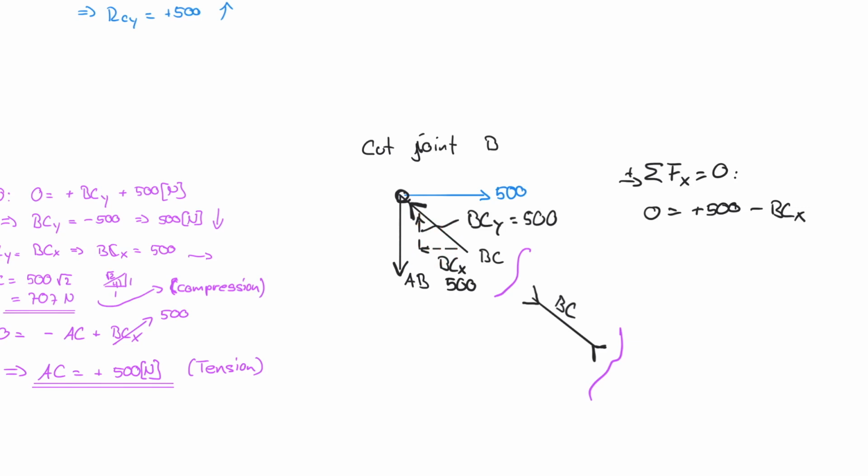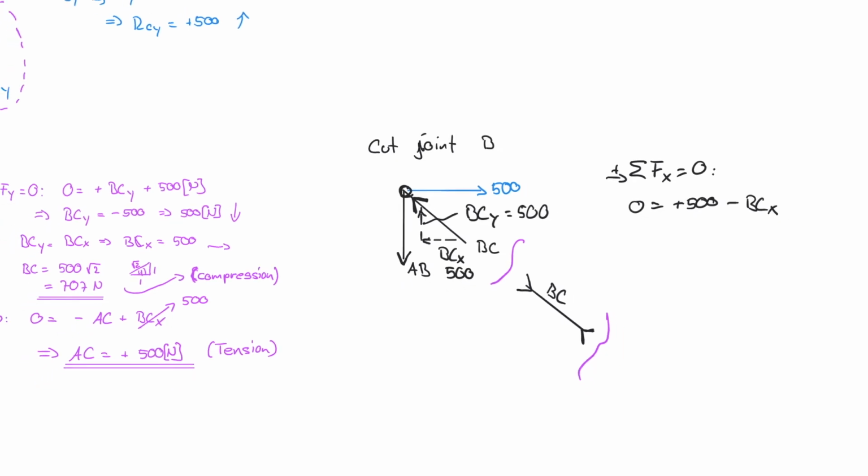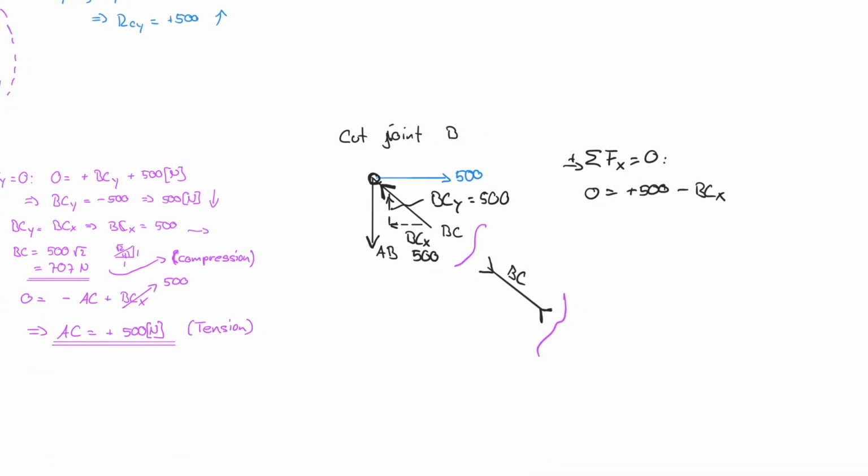And so now I probably don't have to tell you anymore how AB is calculated, but AB is just calculated by the sum of the forces in the Y. So I'm going to do that for educational reasons. Sum of the forces in Y is equal to 0. And 0 is equal to minus AB plus BCY.